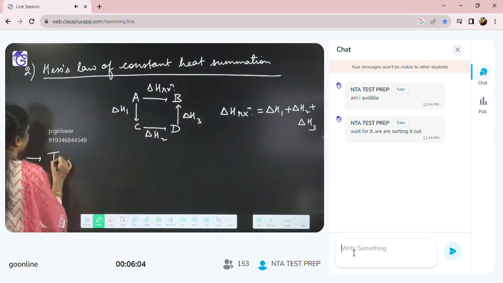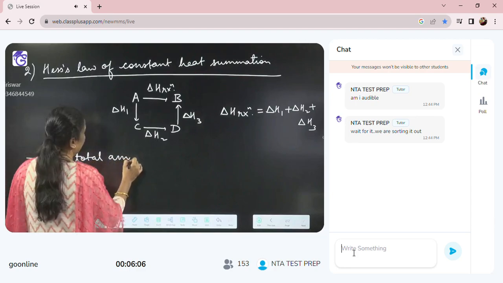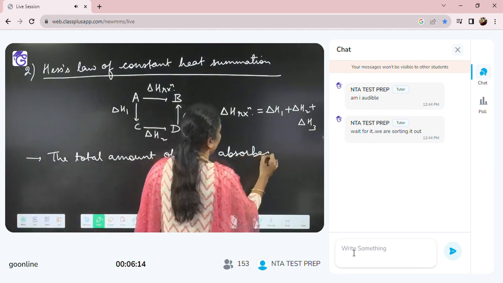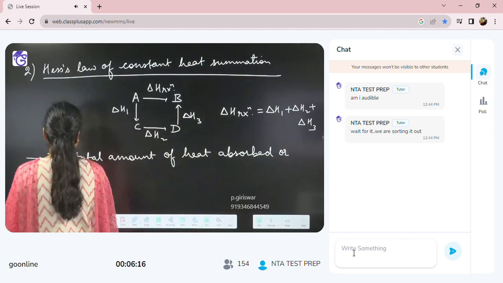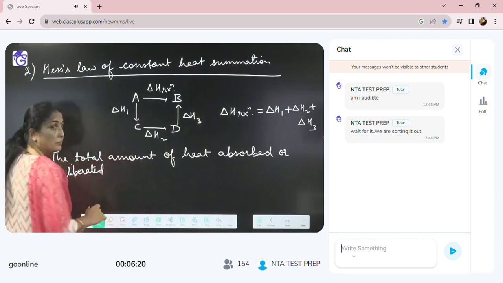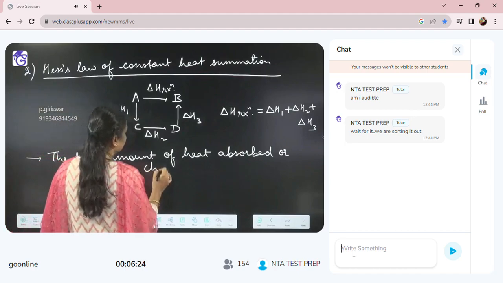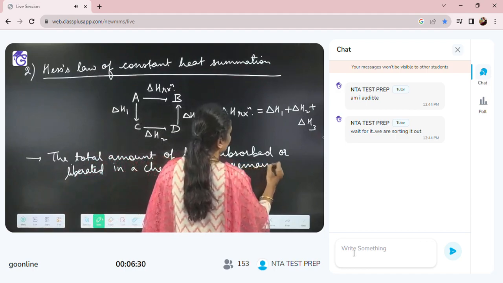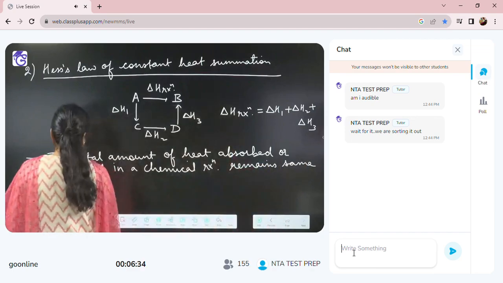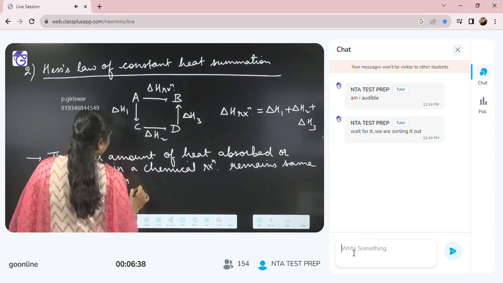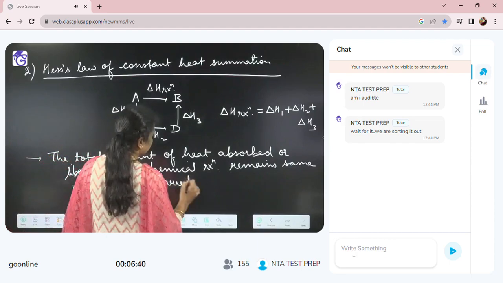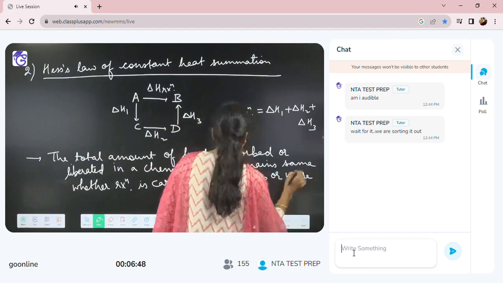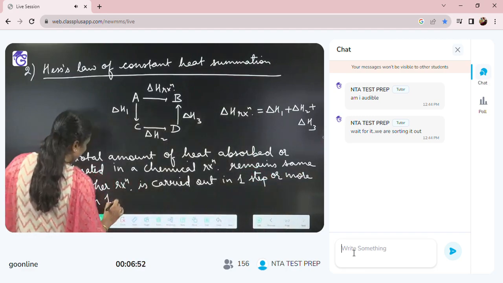So I'll write down the total amount of heat absorbed or liberated in a chemical reaction remains same whether the reaction is carried out in one step or more than one step.